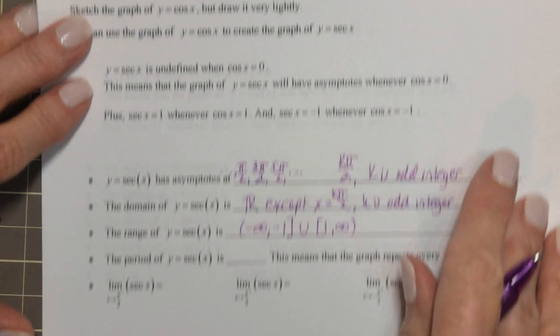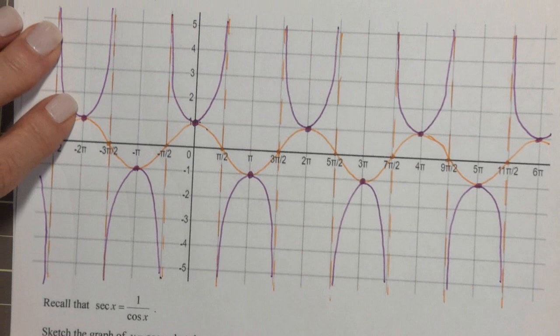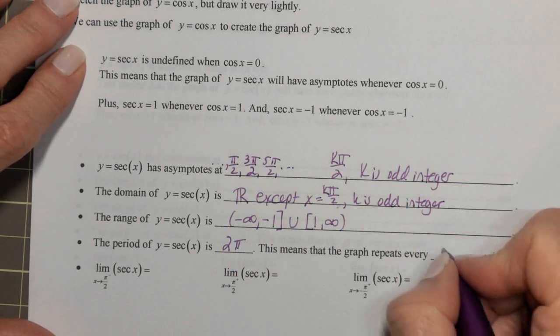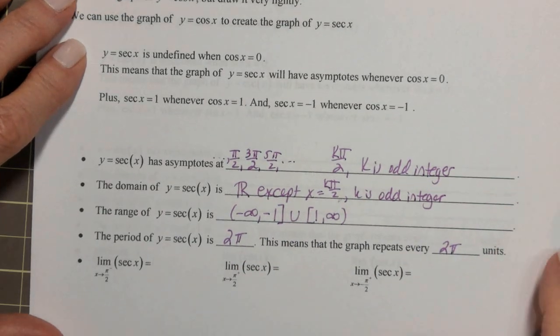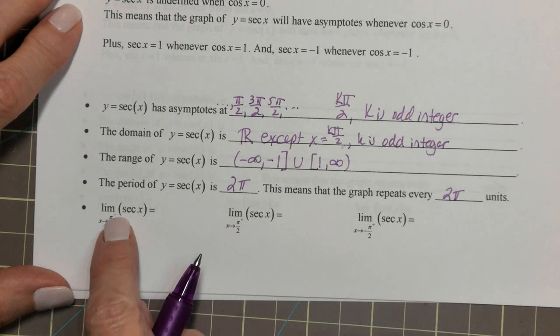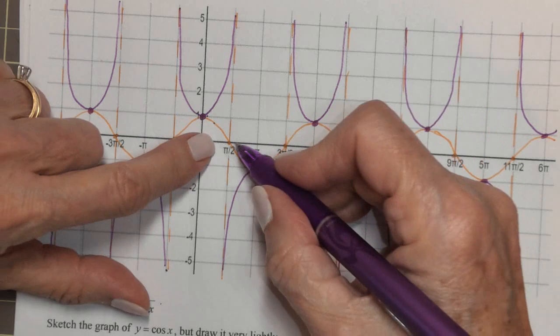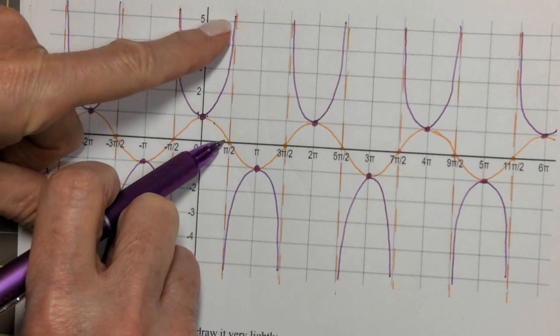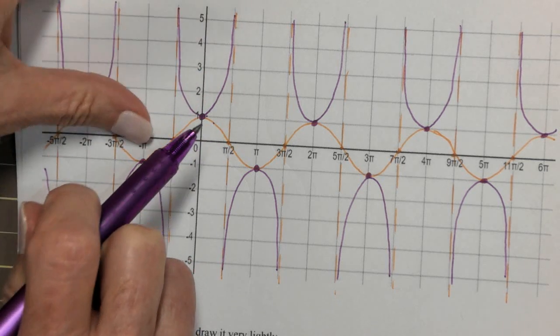The period, how long does it take to start repeating? 2 pi. Couple of limits. As x goes to pi over 2 from the left, that will be infinity.